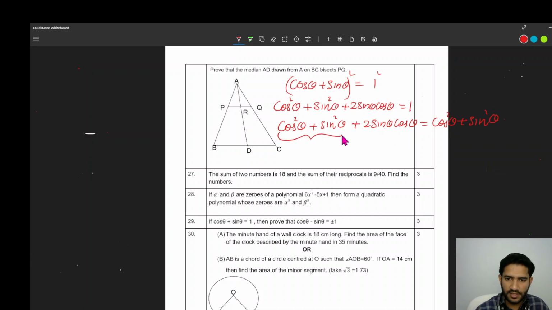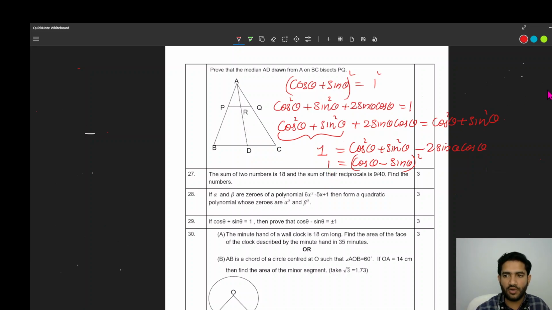So cos square theta plus sin square theta is 1. And I'm taking this 2 cos theta sin theta into the right side. So it will be cos square theta plus sin square theta minus 2 sin theta cos theta, so a square plus b square minus 2ab. We know that this is cos theta minus sin theta whole square, which is equal to 1.